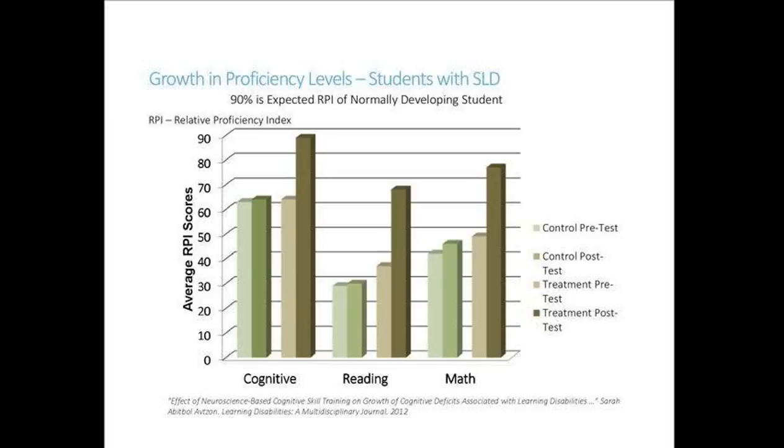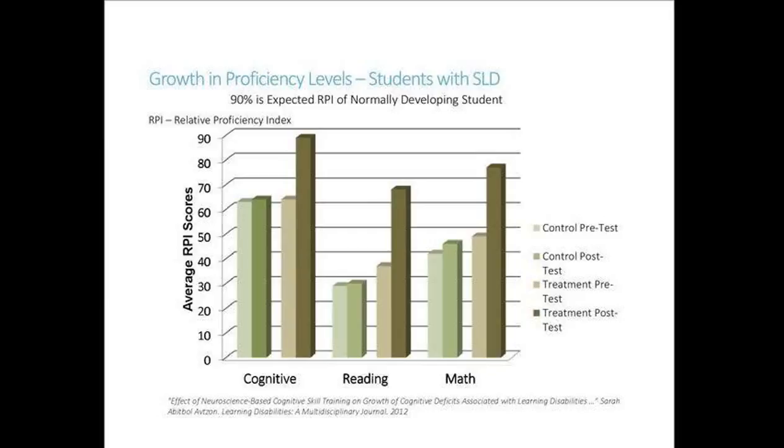And you can see that on the cognitive measures, both the control group and the study group were quite a bit below 90. They were performing about 60% proficiency, which makes sense. By definition, we know, because these kids are SLD, that they have deficits in some of those underlying processes.